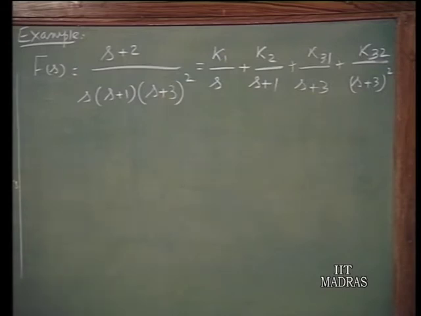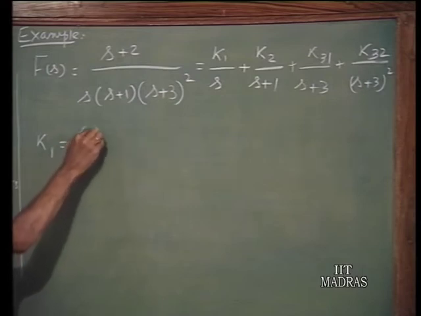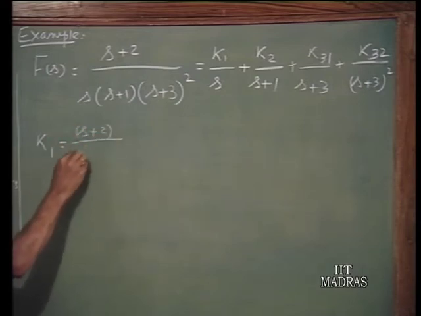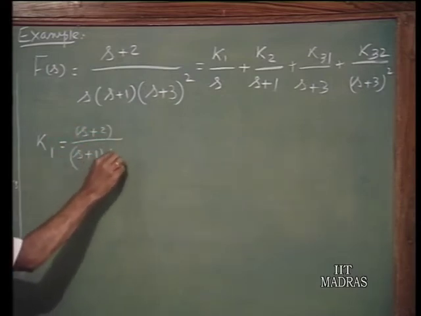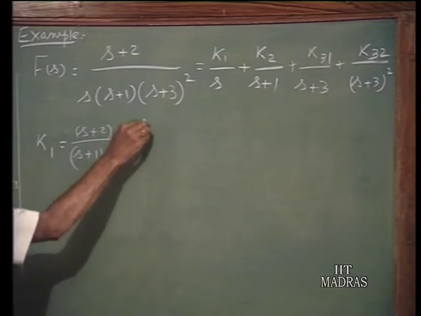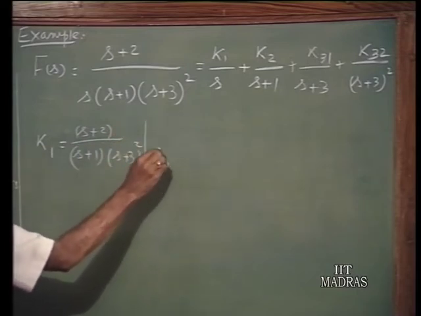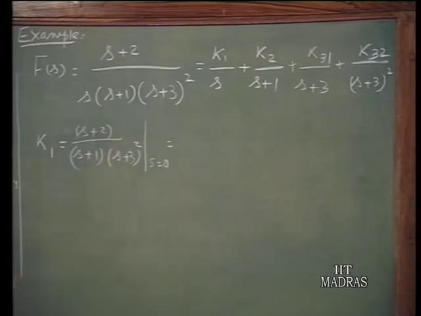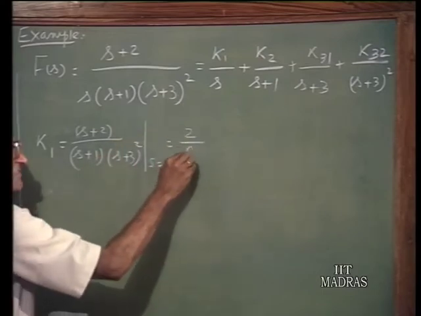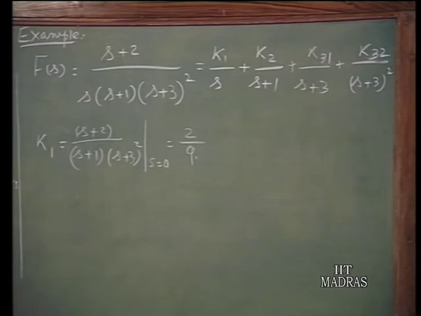Now to find out k1, we proceed in the same straightforward fashion: multiply this by s and substitute s equals 0. Therefore s plus 2 over s plus 1 times s plus 3 whole squared, with the substitution s equals 0, gives me the value 2 by 9, no problem at all.